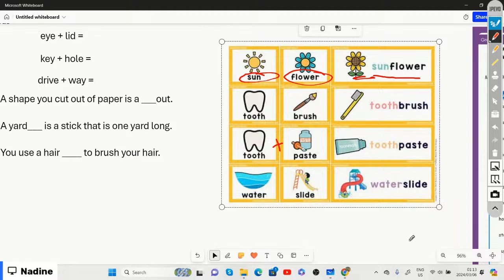It's two smaller words that we add together in order to get a bigger word. Sun plus flower is sunflower. Tooth plus brush is toothbrush. Tooth plus paste is toothpaste. Water plus slide is called a water slide.